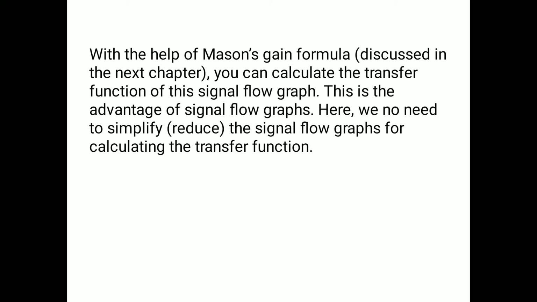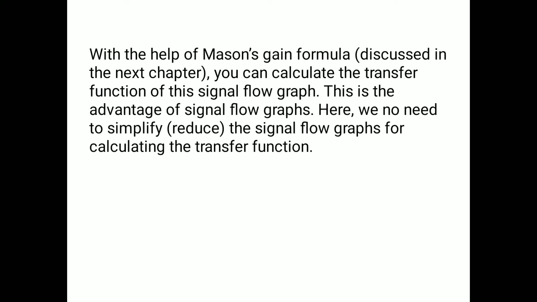The main advantage is you can calculate the transfer function easily using Mason's gain formula, as in the block diagram it becomes difficult to find the transfer function compared to the signal flow graph. So the block diagram is converted into signal flow graph mainly due to this reason.